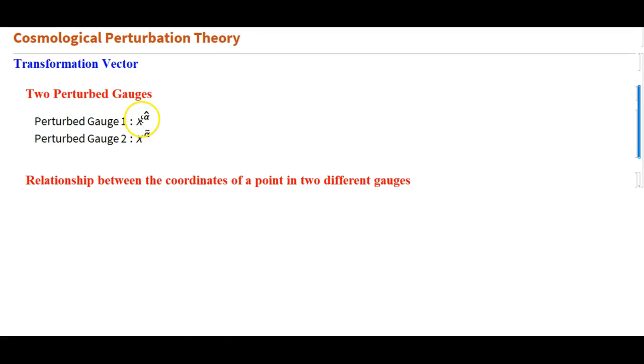Now, having defined the two perturbed gauges like this, x alpha caret and x alpha tilde, our next step is to define the relationship between these two coordinates. This is perturbed coordinate system 1 and this is perturbed coordinate system 2. How are these two coordinates related? That is what we are going to define through this object, the transformation vector.